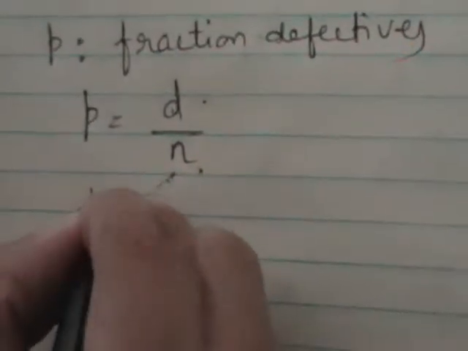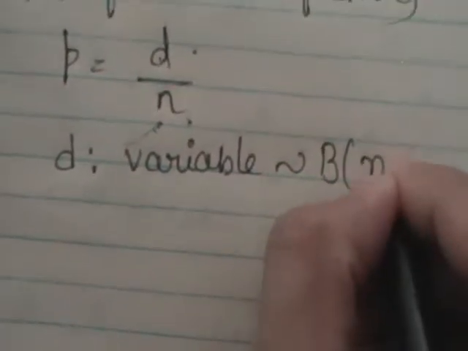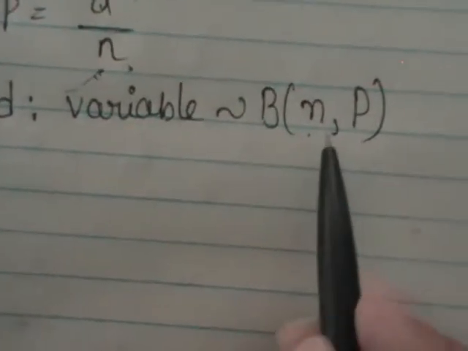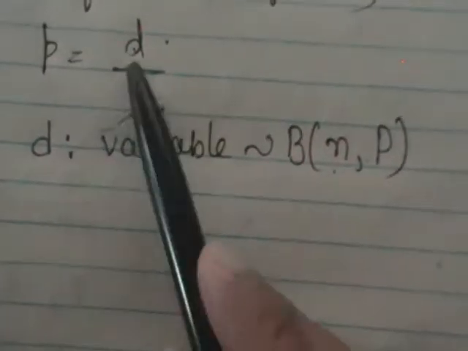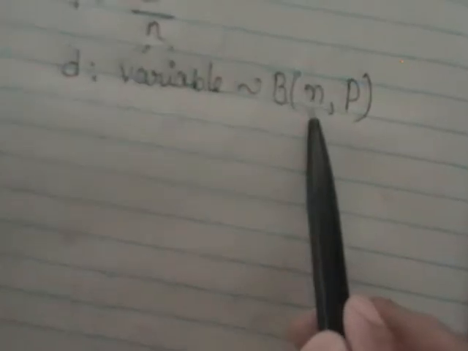If you observe here, n is a fixed number, not a variable, whereas D is a variable and it follows a binomial distribution with n comma p. Here n is the lot size, p is the proportion of defectives, and D is the number of defectives, a random variable following a binomial distribution with parameters n comma p.